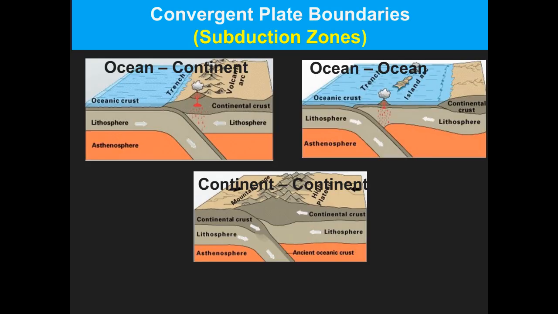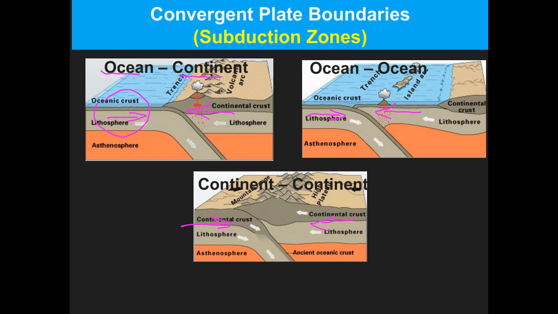We have here the oceanic crust colliding with the continent. That's the first one. It's called oceanic continental convergent boundary because oceanic crust here is colliding with the continent. But also we have oceanic crust colliding with another oceanic crust, oceanic. And finally we have continental against continental convergent boundary.